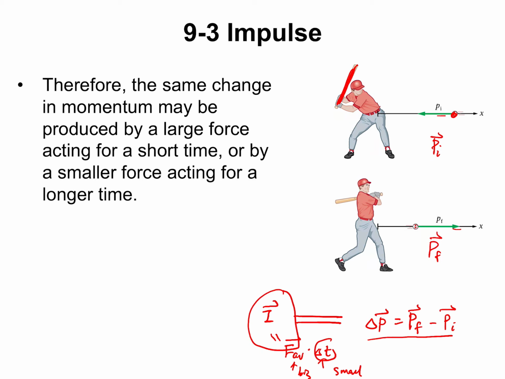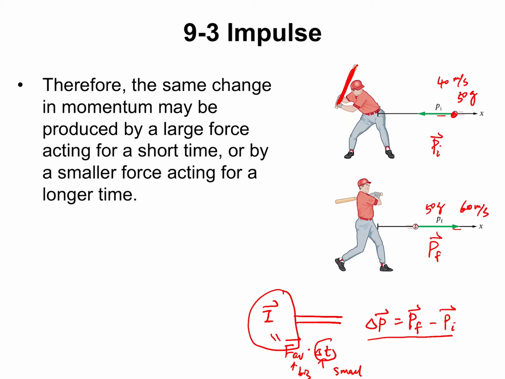Assume an example here. I don't know the mass of the baseball, maybe give it 50 grams. What's the speed of the baseball? Well, let's make it up: 40 meters per second. Same thing here, 50 gram baseball, and then 60 meters per second.